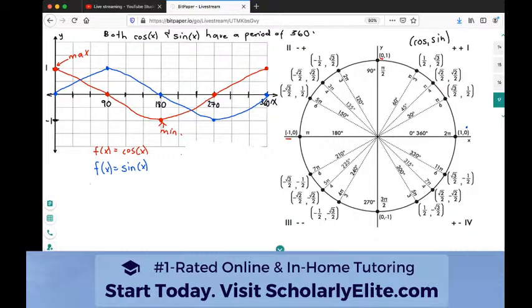So if we know that we have f of x equals, we have different variables.